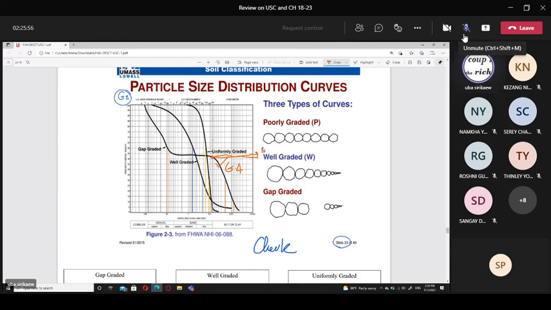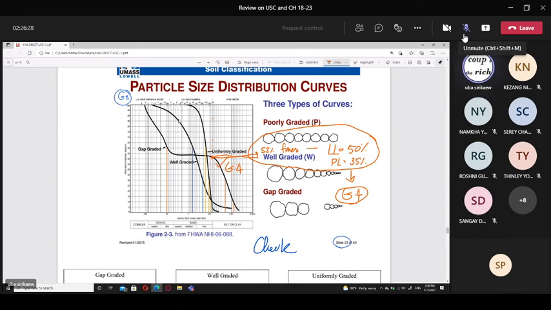I give you liquid limit equal to 50%. Plastic limit equal to 35%. This is for group 4, okay?